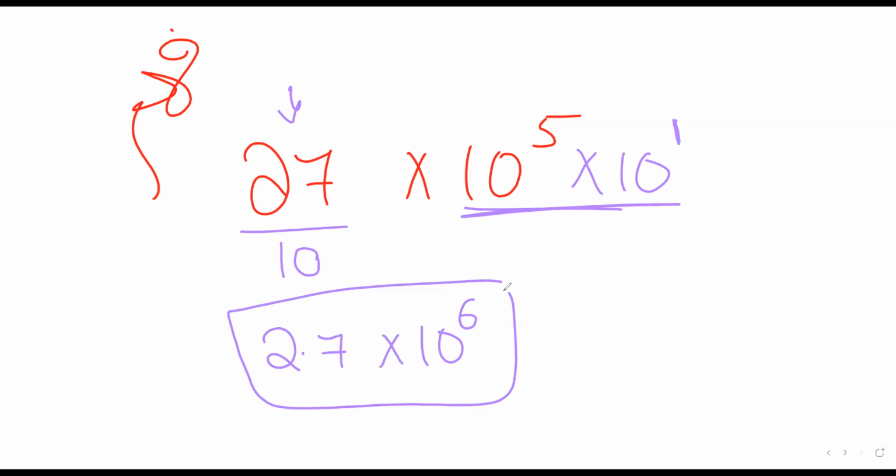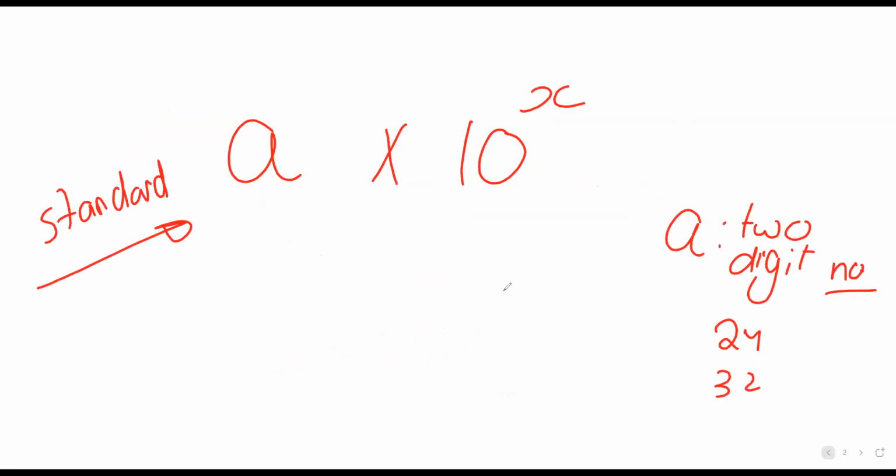It is very important that you understand this part, because if I get an algebraical question like this and it says A is a 2-digit number and I want you to write this in standard form, what do we do? I move the decimal to the left. A is a 2-digit whole number, and moving to the left means I divide by 10.